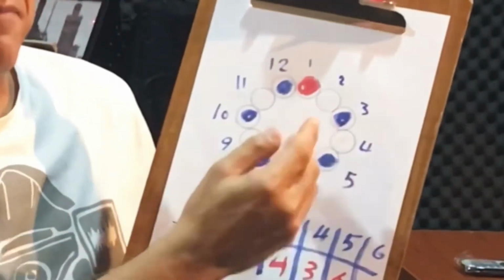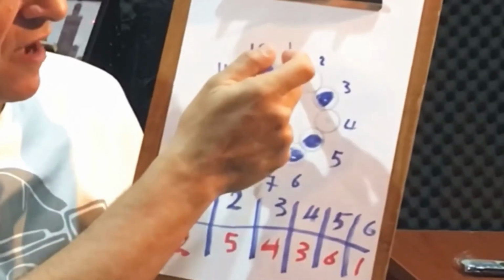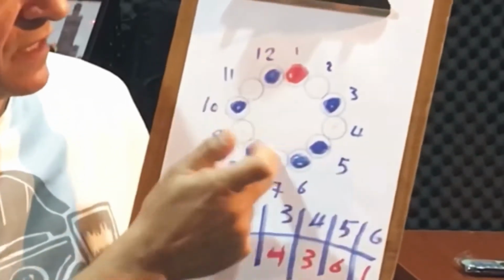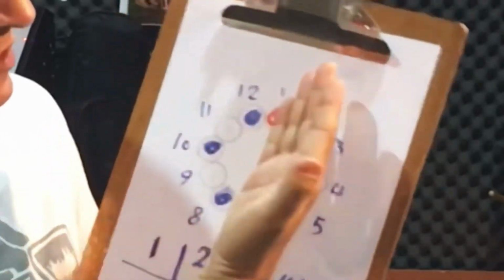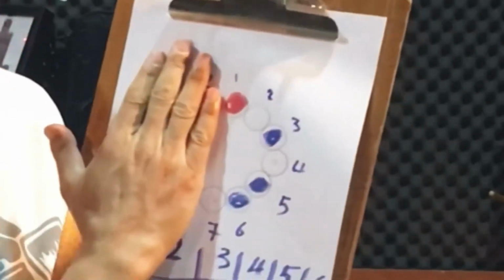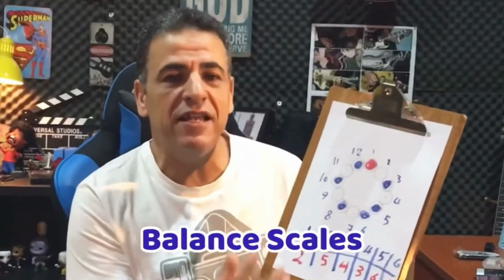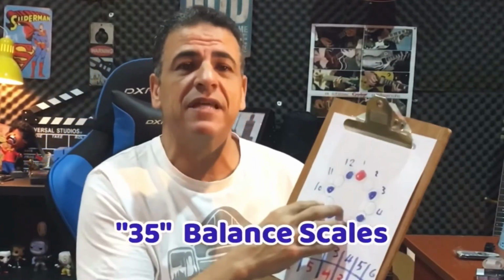What does that mean? If we split the pattern equally from C to F sharp, we get 2 equal parts, and that gives us a balanced scale. In modern music theory, we have about 35 balanced scales.